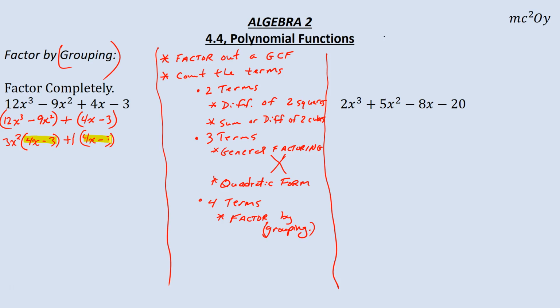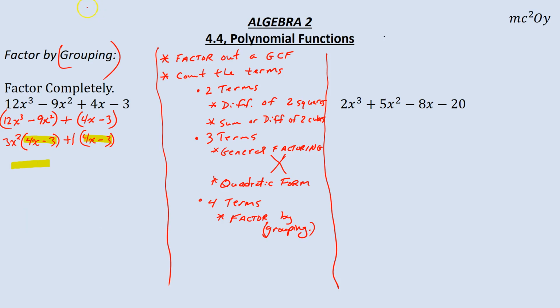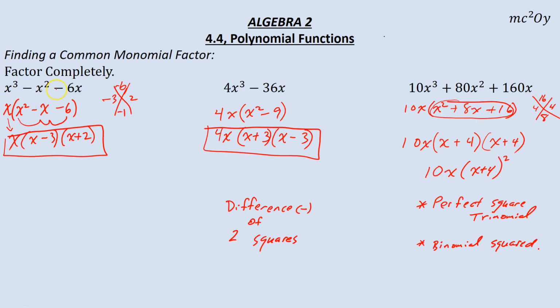Those 2 things are our greatest common factor. Remember, we always try to take out a greatest common factor first. So, let's just go back to a previous problem. Right here, where we took out an x first, the greatest common factor was x. Here, the greatest common factor was 4x.